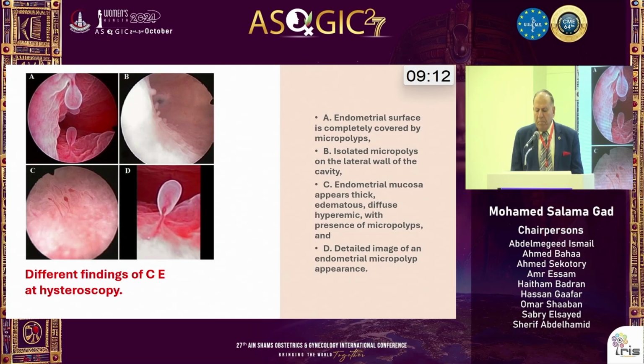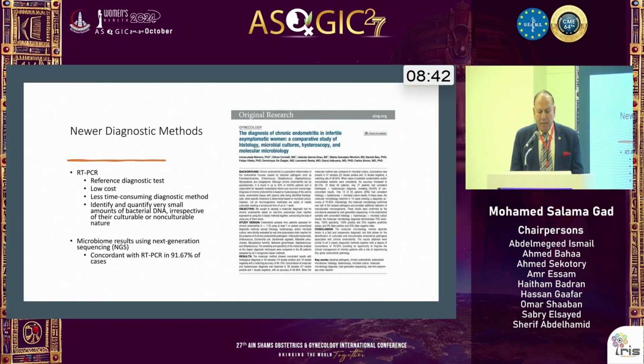The endometrial mucosa appears thick, edematous, diffuse, hyperemic, with the presence of micropolyps, and there is a clinical intraoperative test: touching the edematous hyperemic endometrium with the tip of the hysteroscope, and there will be a small bleeding. At the same time, there is a detailed image of endometrial micropolyp appearance seen in D.